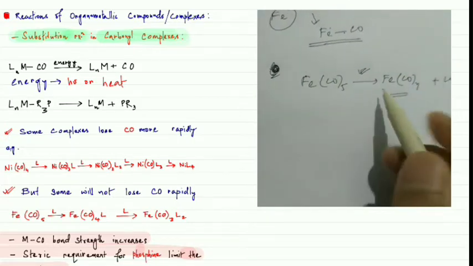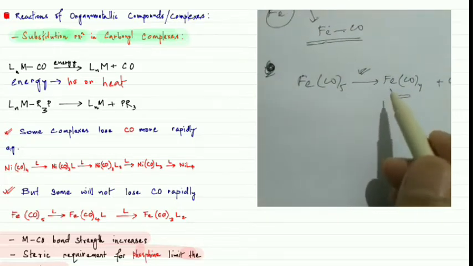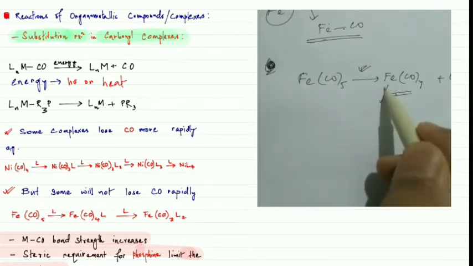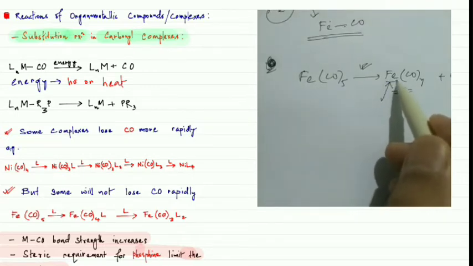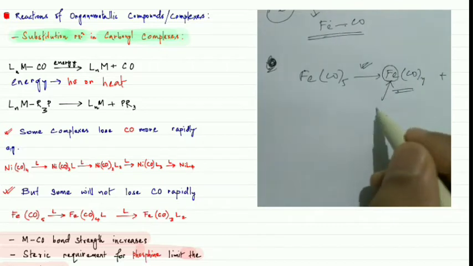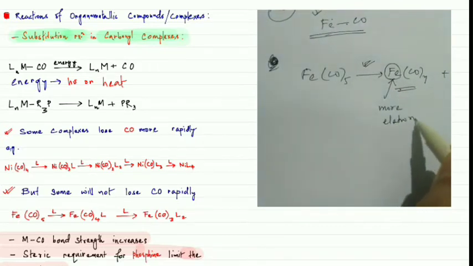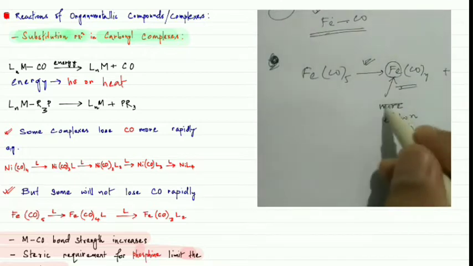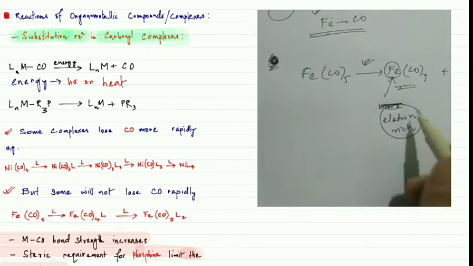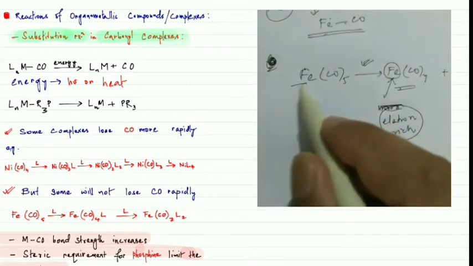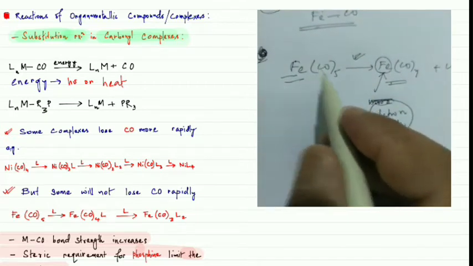When this forms, the iron becomes more electron rich than before. So what is going to happen?